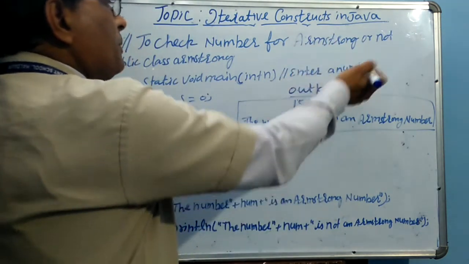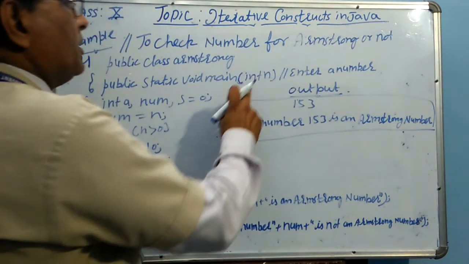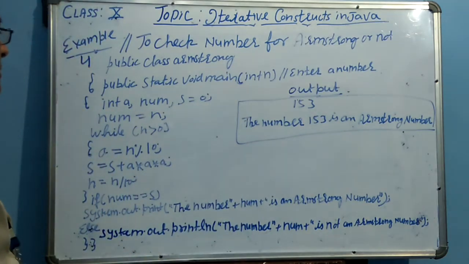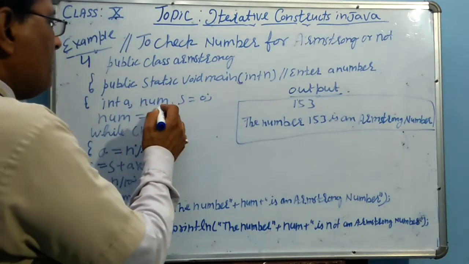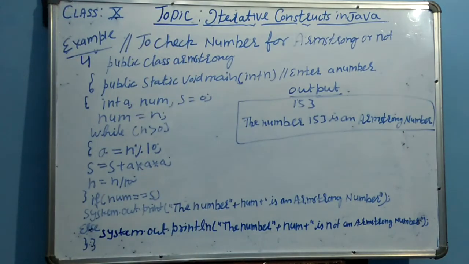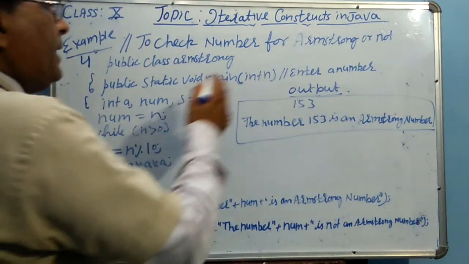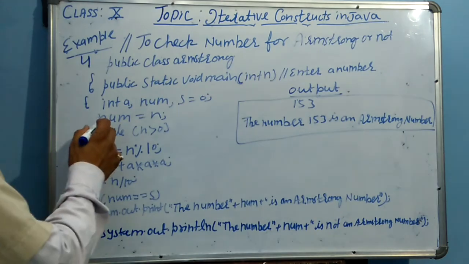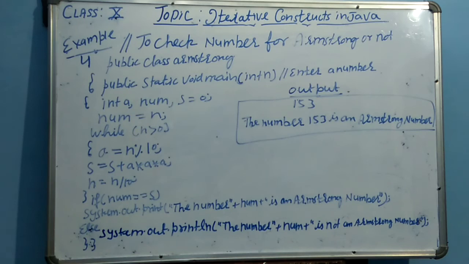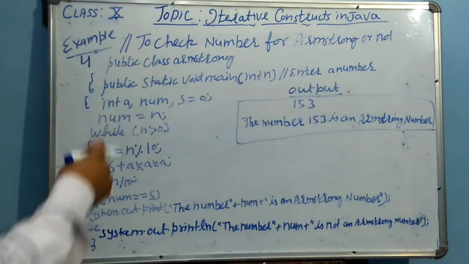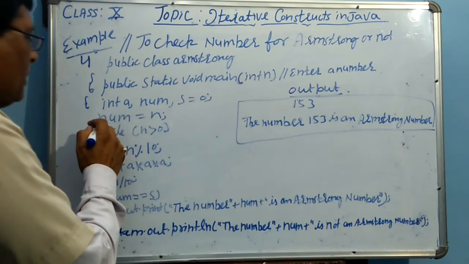You can write a comment in between also, for what purpose we are using this integer n. Then integer a, num and s. The value of num is equal to n. Whichever number you enter, that same value will be stored in the variable num.